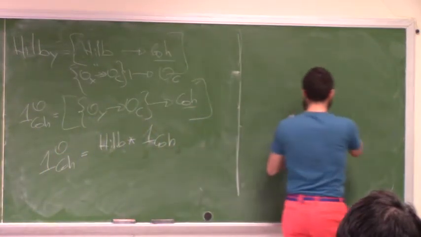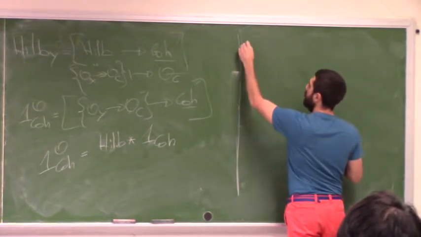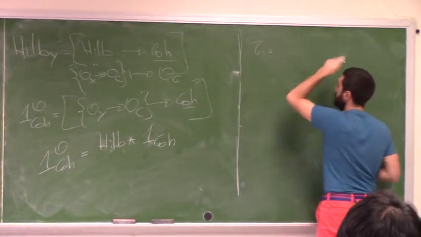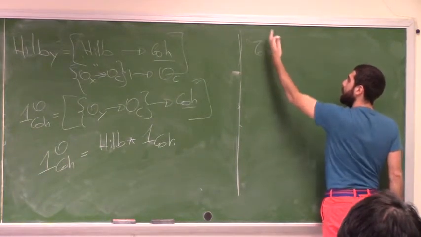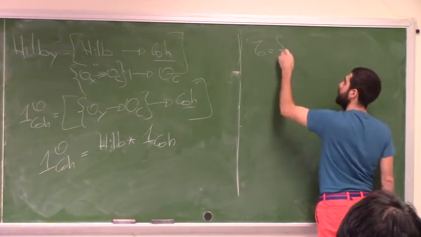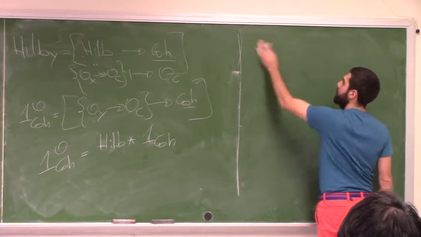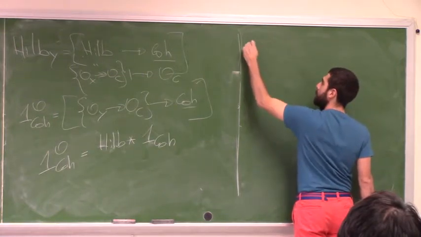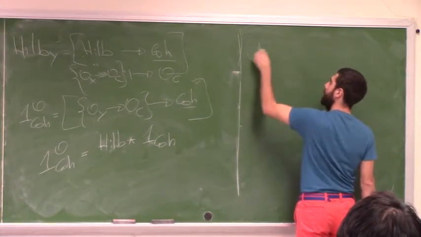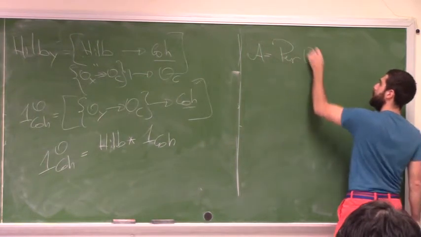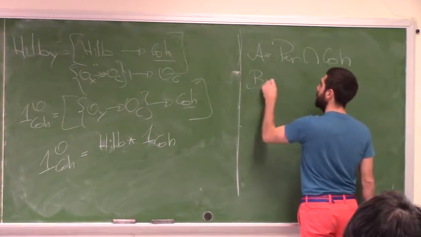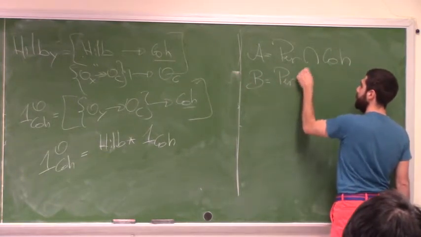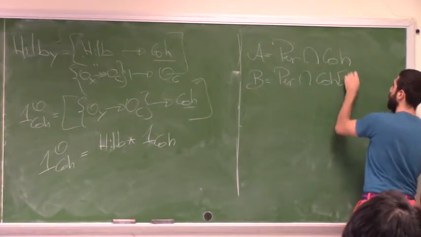And basically, I have these two categories. I have A, which is the perverse coherent sheaves intersected with Coh, and then I have B, which are the perverse coherent sheaves intersected with Coh shifted by 1.